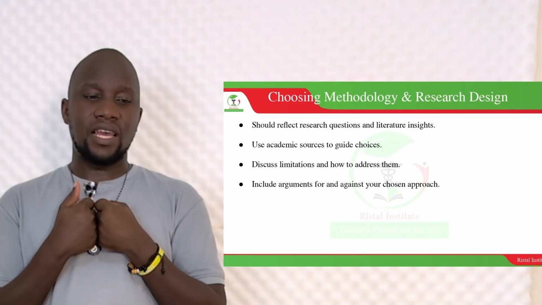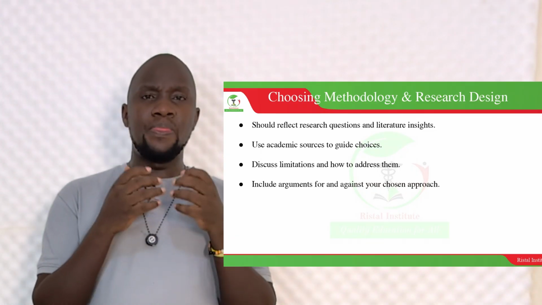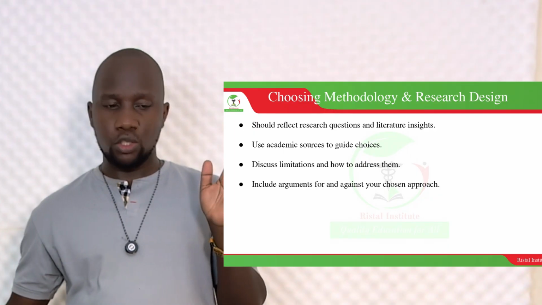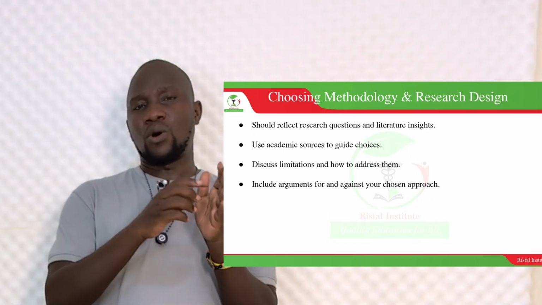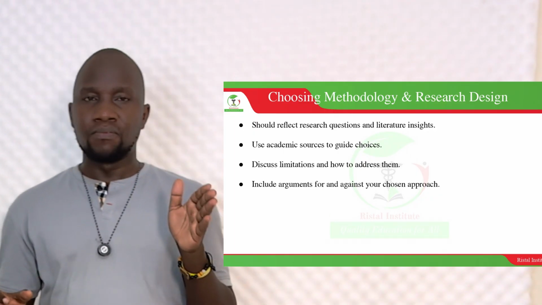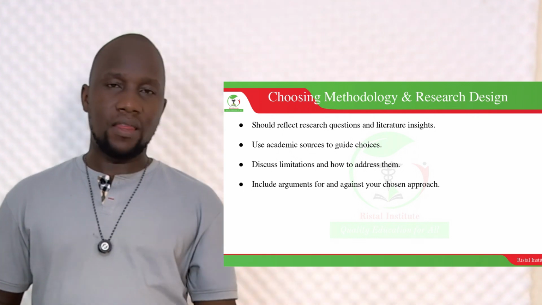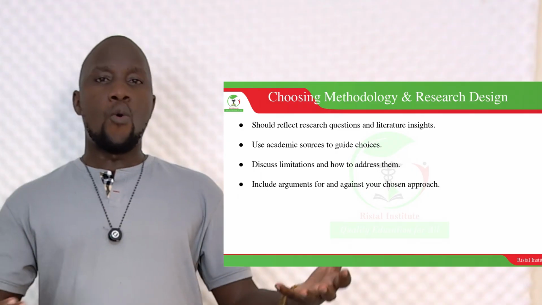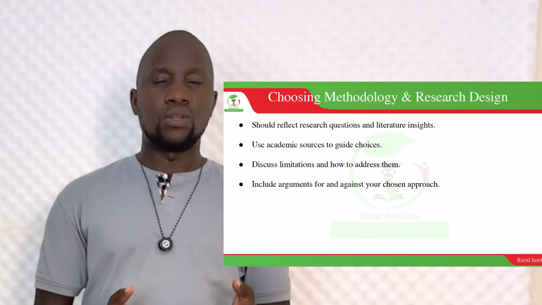So the decision on choosing the right research design is very, very important. Your research design sets the ground for everything that you're going to do. That's one. But always think about the fact that you're choosing one method or one research design and leaving the other. Why do you make that decision?